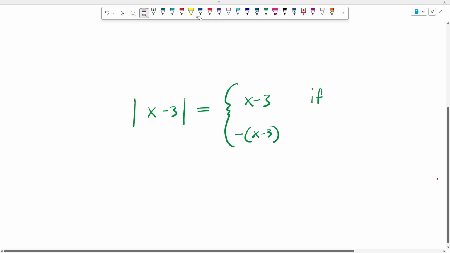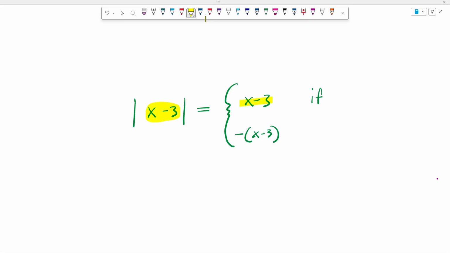It is equal to this if the whole inside is positive or 0. So we write if x minus 3 is greater than or equal to 0, and if x minus 3 is less than 0.